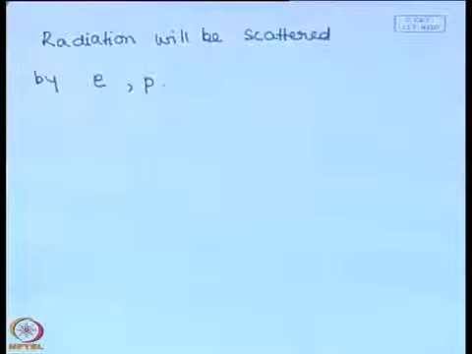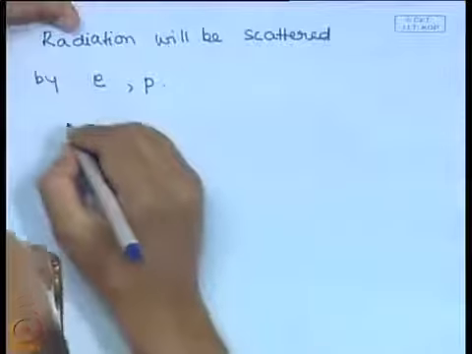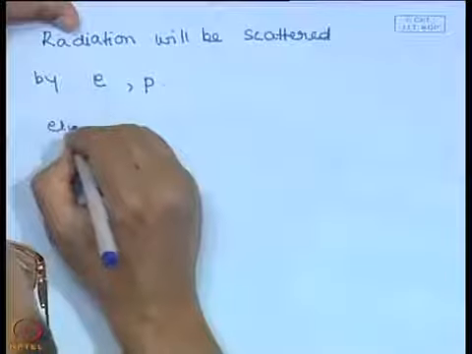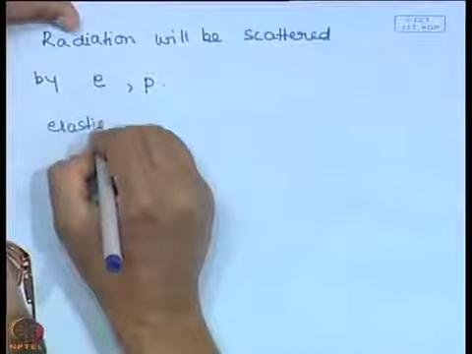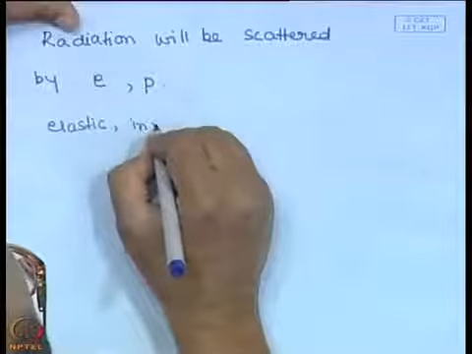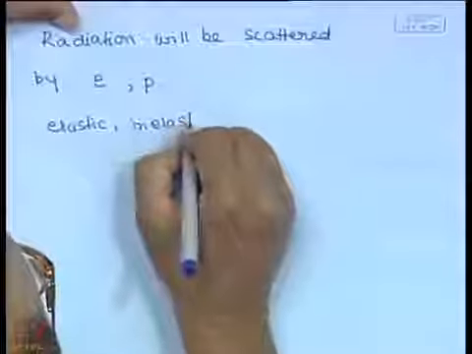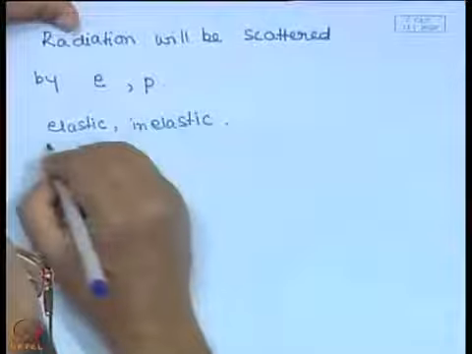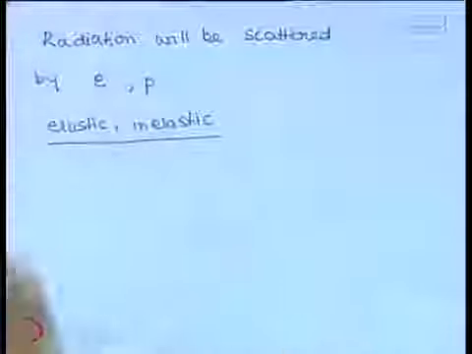The electron obviously is going to contribute more than the ions, but both of these effects are going to be there, and this will be both elastic and inelastic. Both of these will be there.